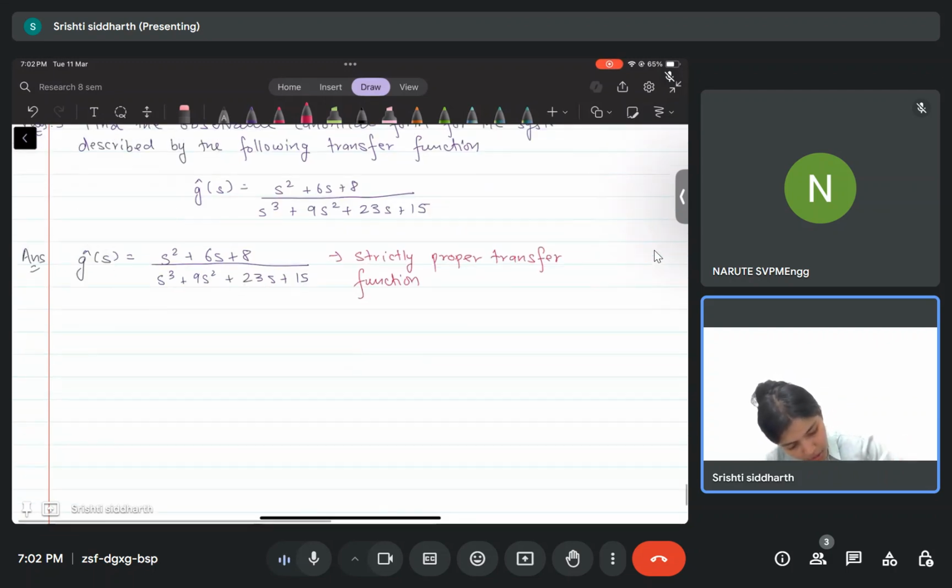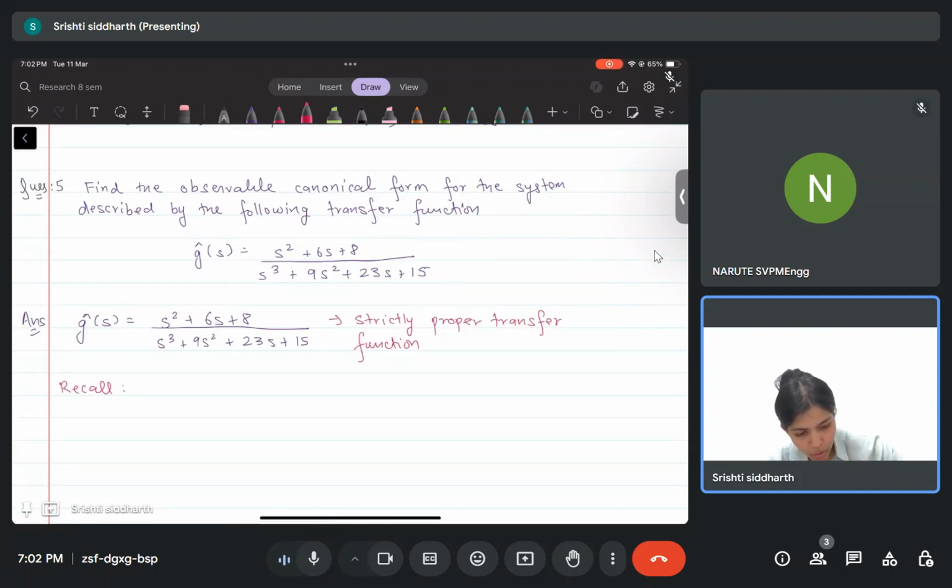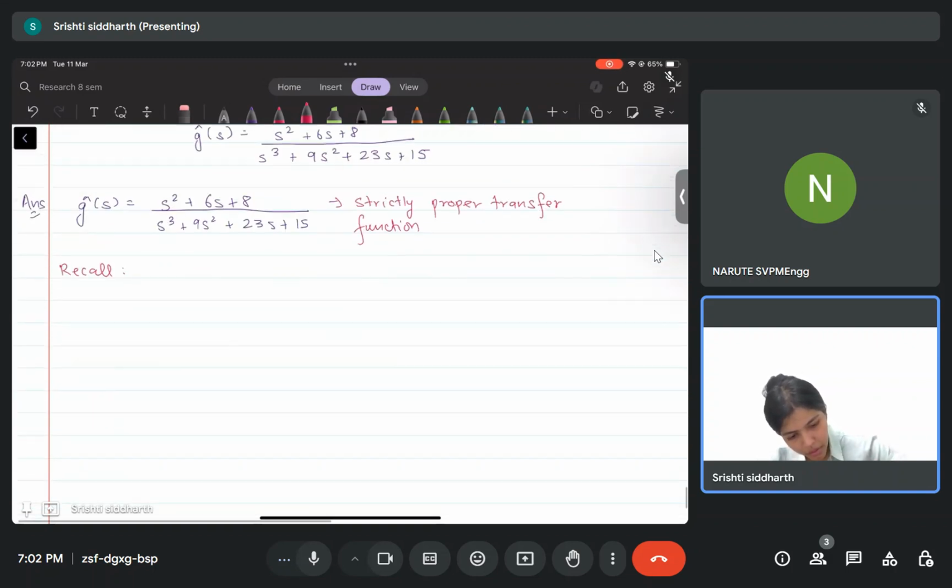Call it the controllable canonical form, and from the CCF form, we can get the observable canonical form or OCF. So we have the controllable canonical form.